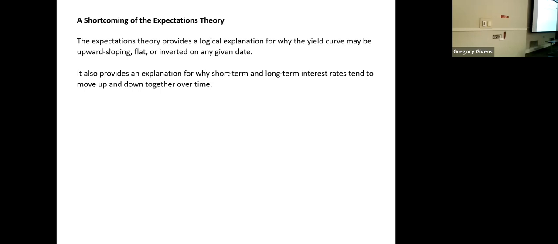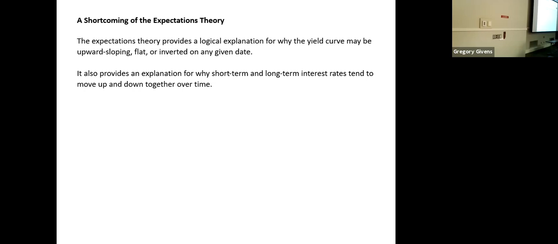If that's true, then what should happen to long-term bond rates if short-term interest rates are high and expected to be high for several more periods? Well, the term structure tells us that the long-term interest rates are the average of current and expected future short rates. So if future short rates are expected to be higher than average for a long time, then that means the current long-term rates should also rise.